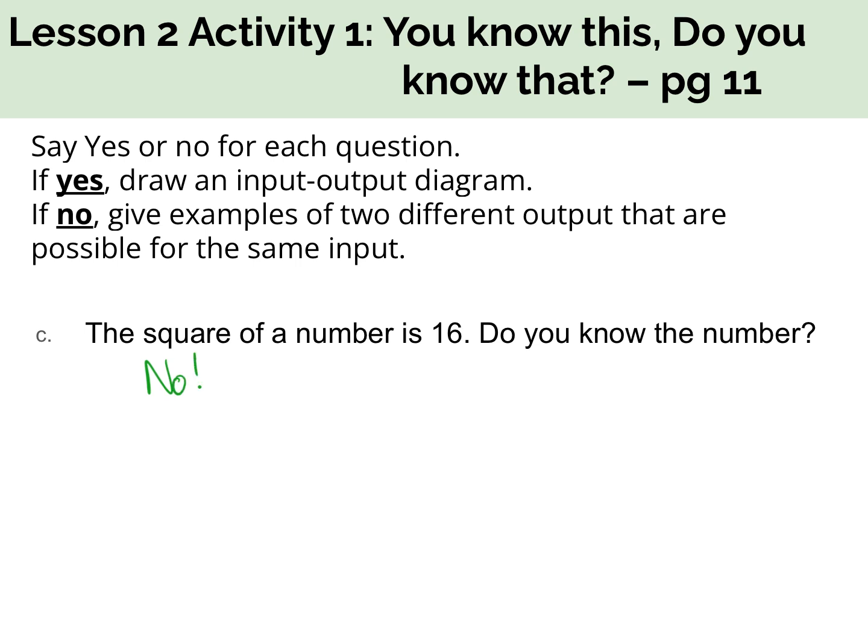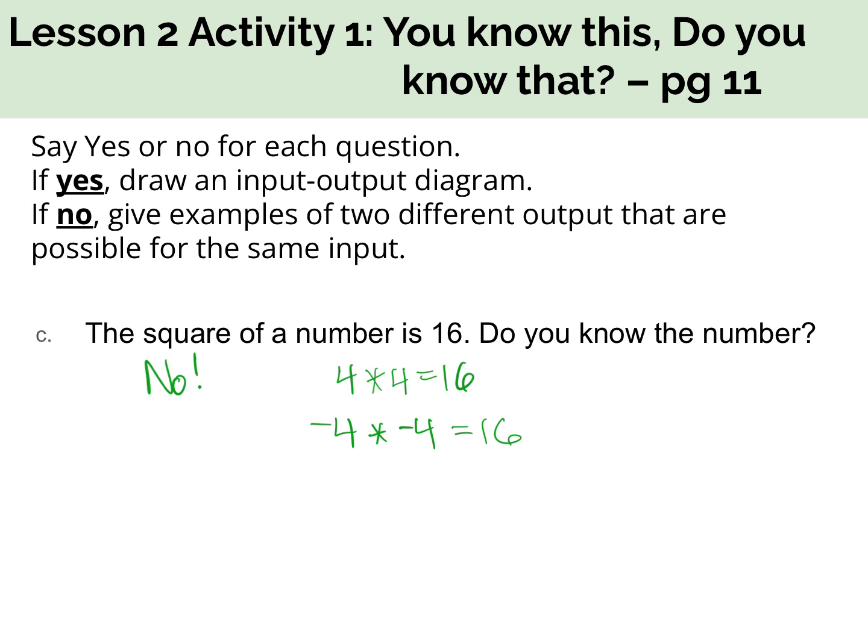So we have to think about a number multiplied by itself making 16, is really what it's asking. So we know we can take 4 and multiply it by 4 and make 16. But is there another number multiplied by itself that also makes 16? We can do -4 times -4. And we know that is also going to be 16.